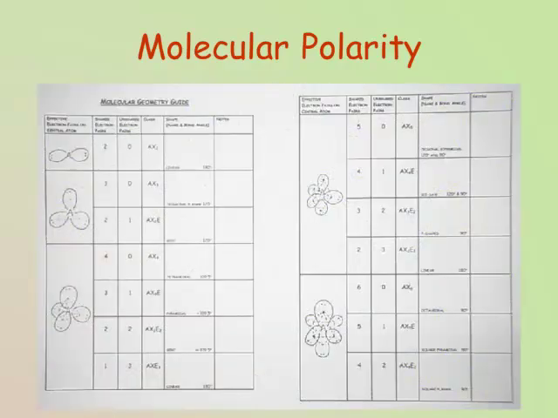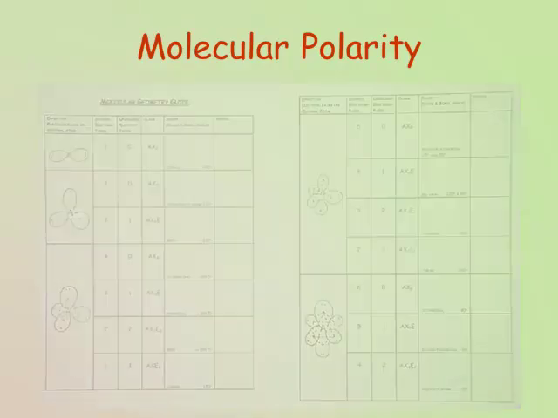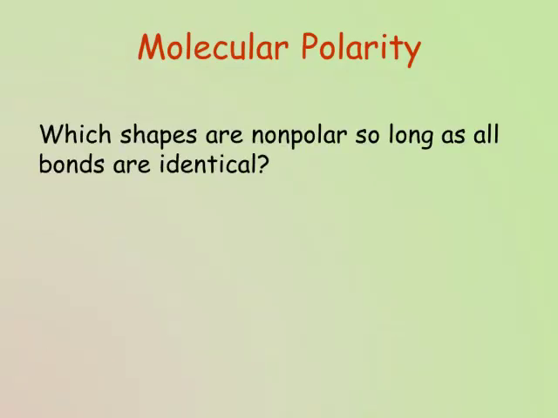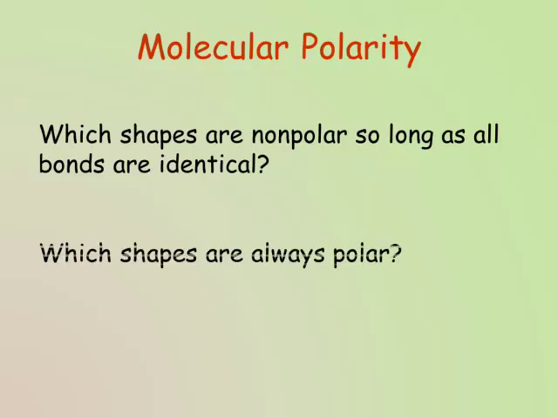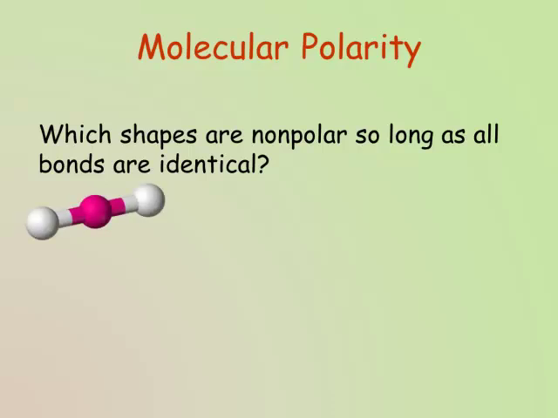Look at the molecular geometry guide you received with the Molecular Models Lab. Go through the list of molecular geometries and make sure you know which geometries are nonpolar, so long as all the bonds are identical, and which geometries are always polar. Most people can easily see that a linear molecule can be nonpolar.